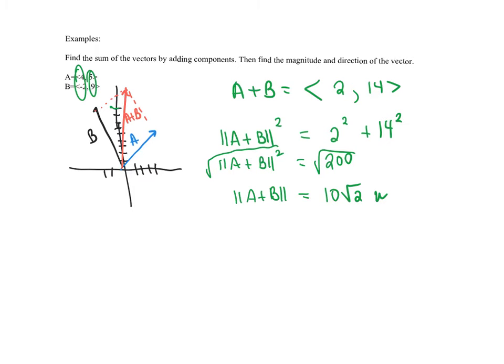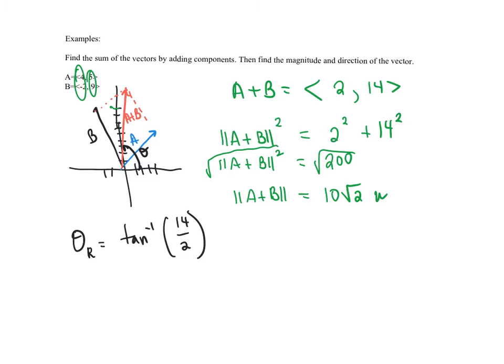So the direction is going to be the angle here, the angle theta. It appears it is in quadrant 1 because it's over 2 up 14. And remember, the reference angle is the inverse tangent of the y over the x. So I'd be looking for the inverse tangent of 14 over 2.